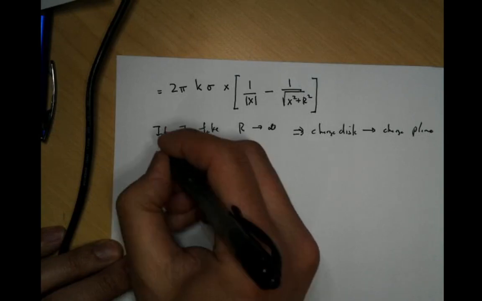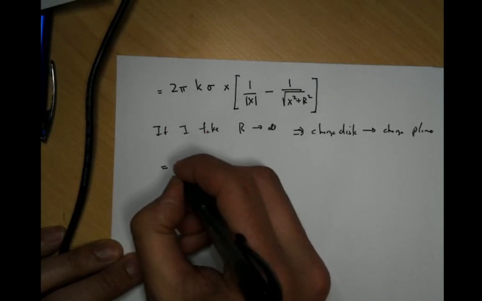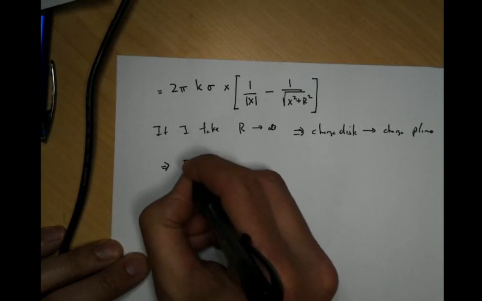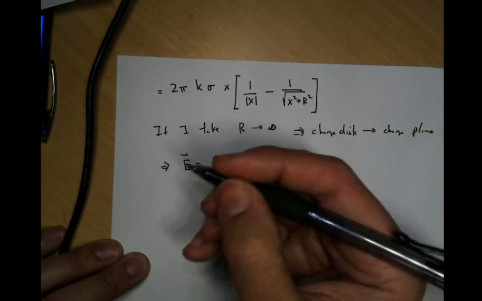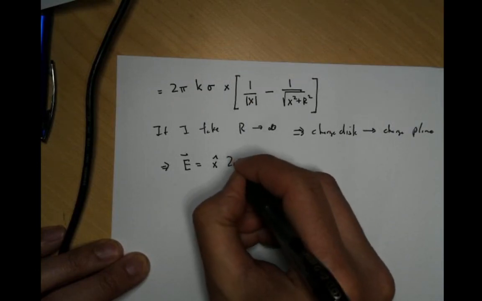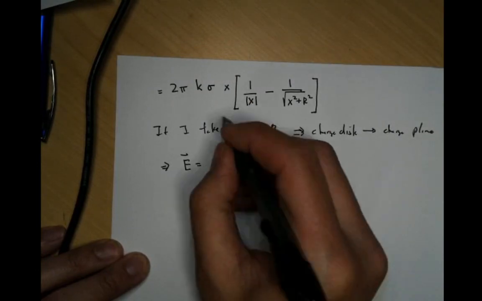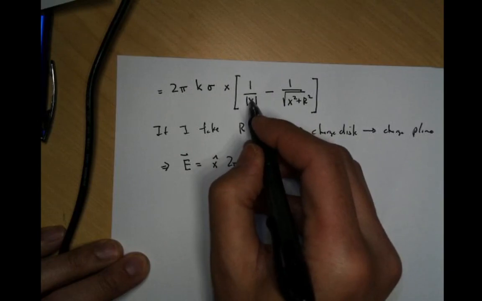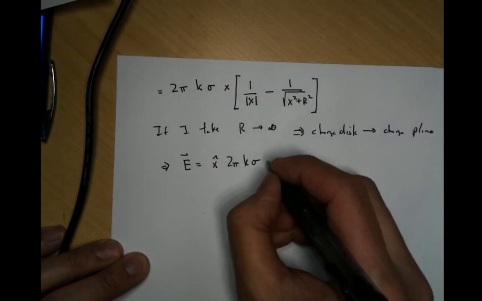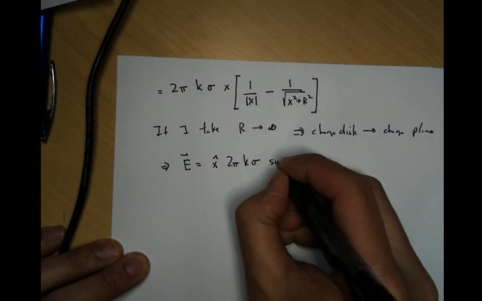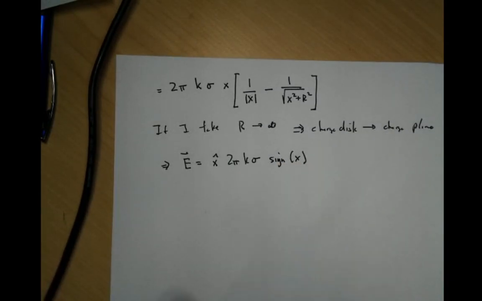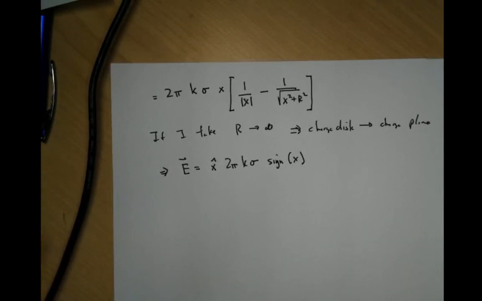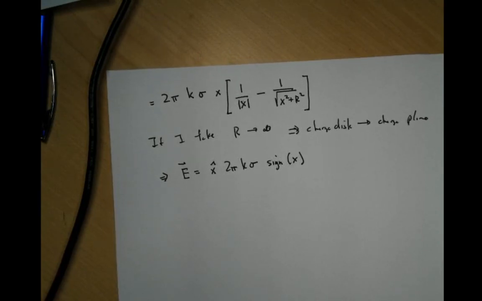Then I get something very simple, that E is equal to, first of all, it's only along the x-axis because only EX matters, 2 pi K sigma, and now this becomes X over absolute value of X. That's something called the sign of X, which means that it returns +1 if X is positive, -1 if X is negative.